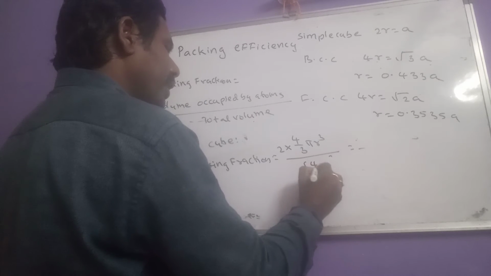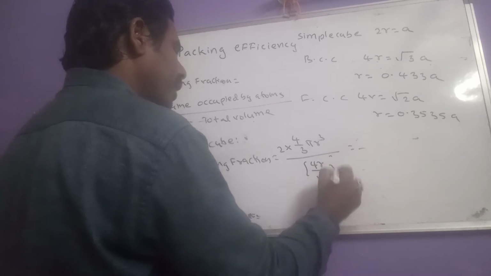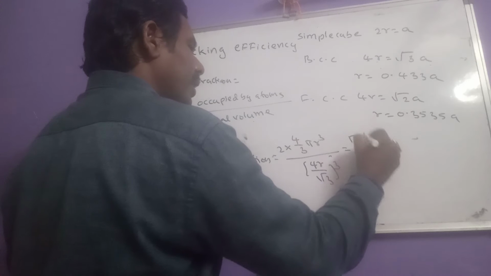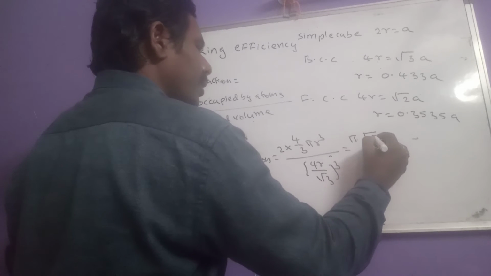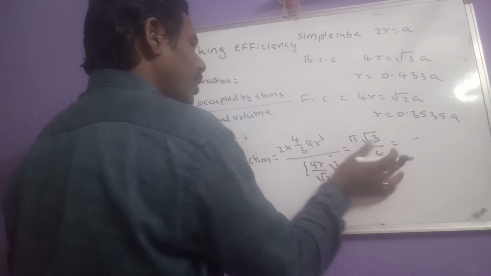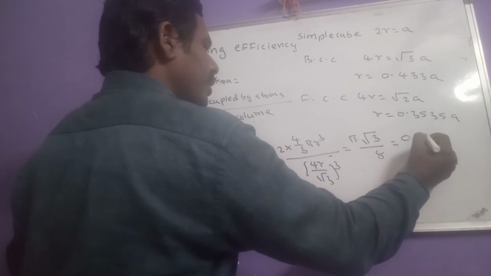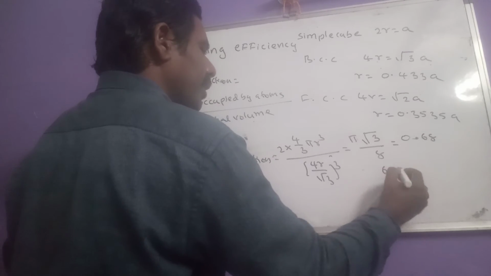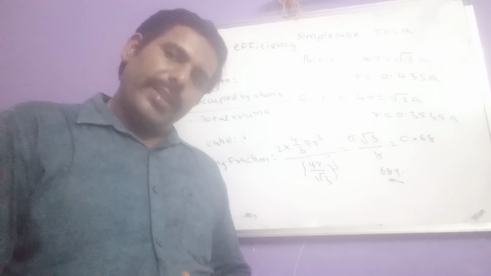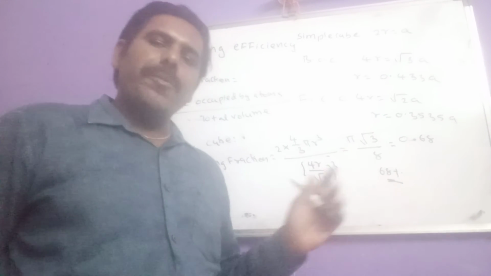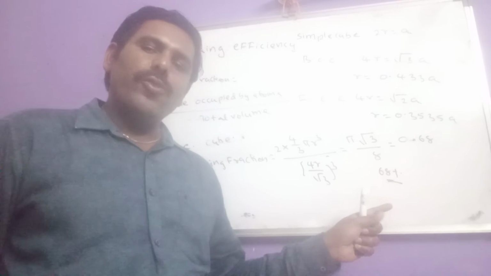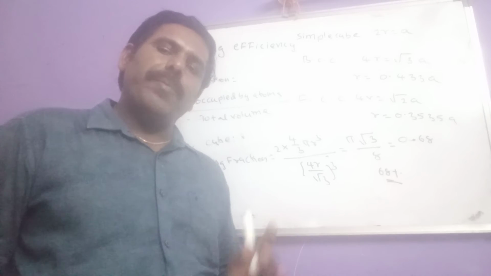So by substituting 4r by root 3 whole cube, upon calculation we get pi root 3 by 8, which gives 0.68. That means 68% of the space is occupied. So how much is vacant in body centered cubic? 32% vacant space is present.